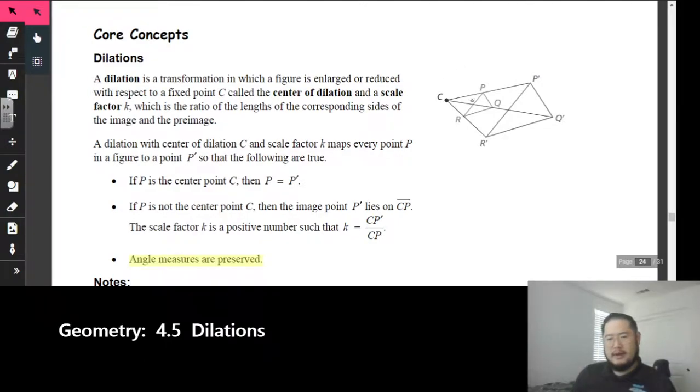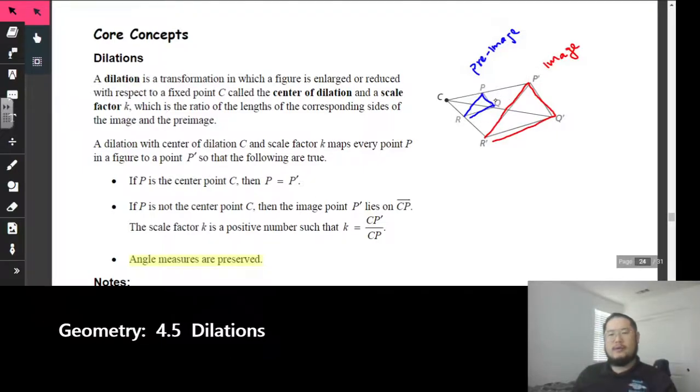So if I look right here at triangle PQR, I'll hopefully know and realize that this happens to be my pre-image. And right here we have PQR prime, and that would be my image.